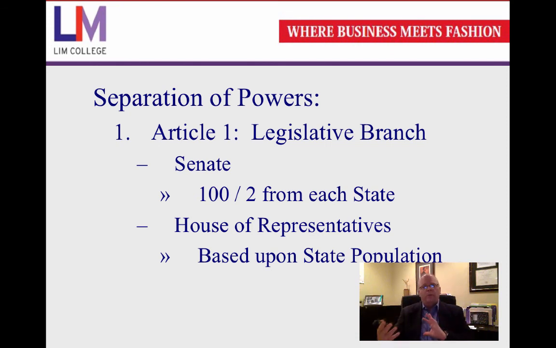So as more people move from the Northeast to Georgia, Florida, Texas, Arizona, the states of the Northeast lose representatives, while the states down in the South gain in representative power. So there's only a certain number, but it's always shifting who they're representing. It's based upon the state's population.